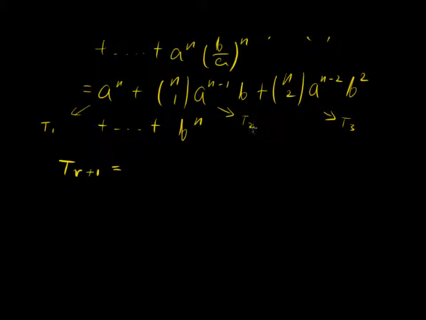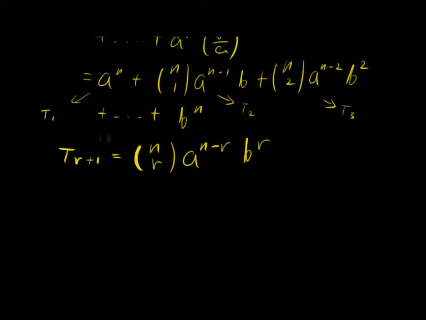For the second term, a is of the order of n minus 1 and b is of the order of 1. So for the r plus 1 term, we can deduce from this expansion that it is going to be nCr times a to the power of n minus r and b to the power of r, right?